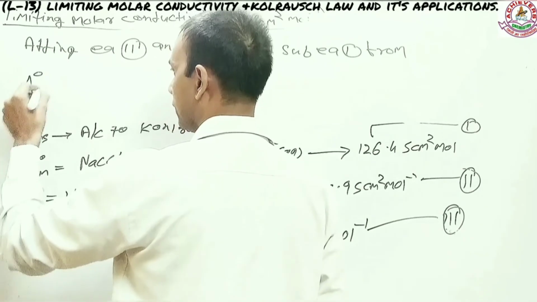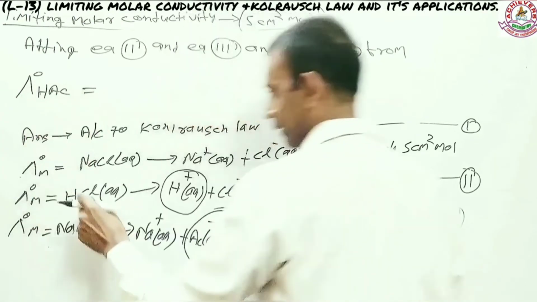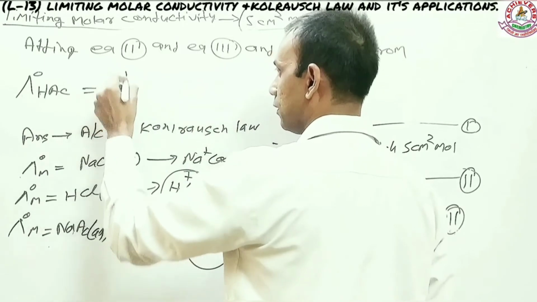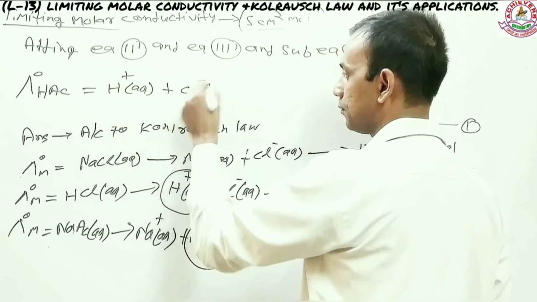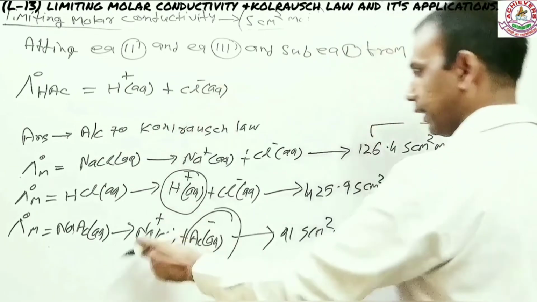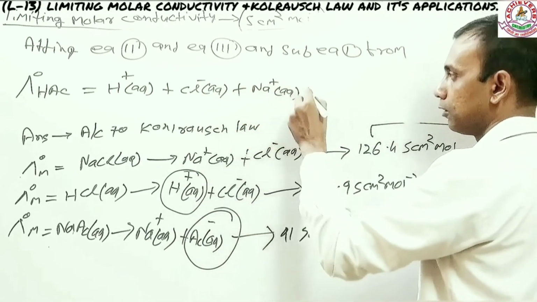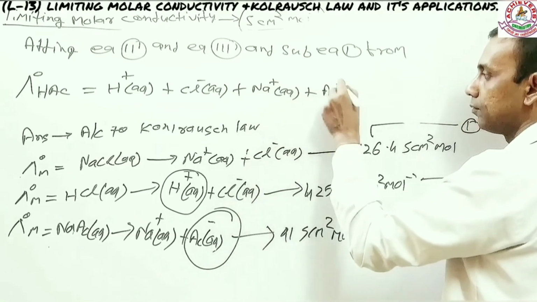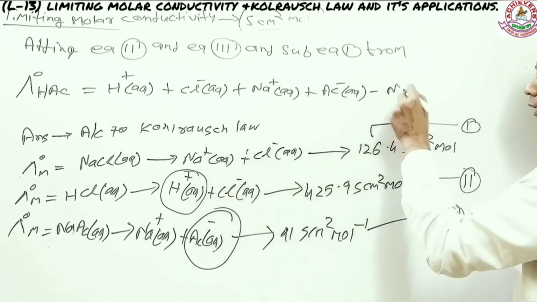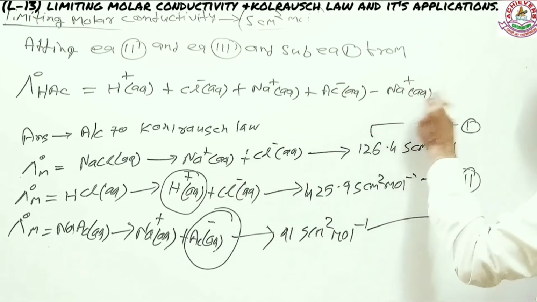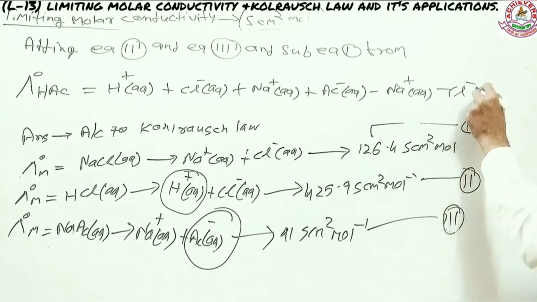So limiting molar conductivity of hydrogen acetate is equal to, as I said earlier, I'll be adding H plus, Cl minus, then I have to add sodium ion plus acetate ion, and then I'll be subtracting the first one, so sodium ion subtracted, minus chloride ion also subtracted.